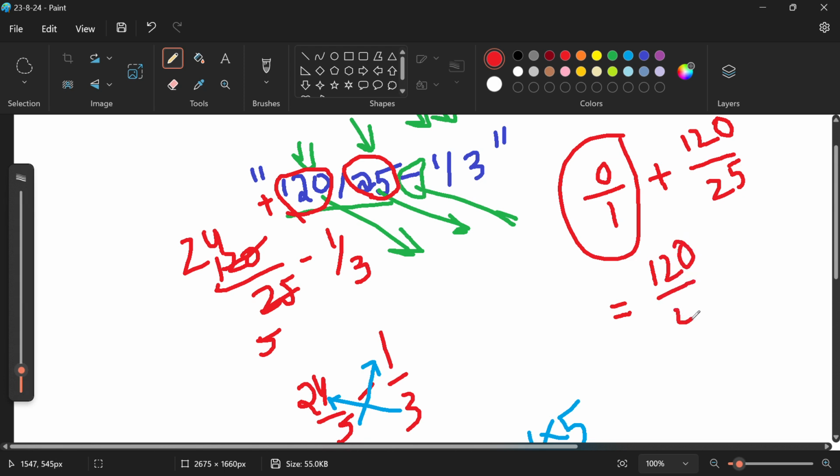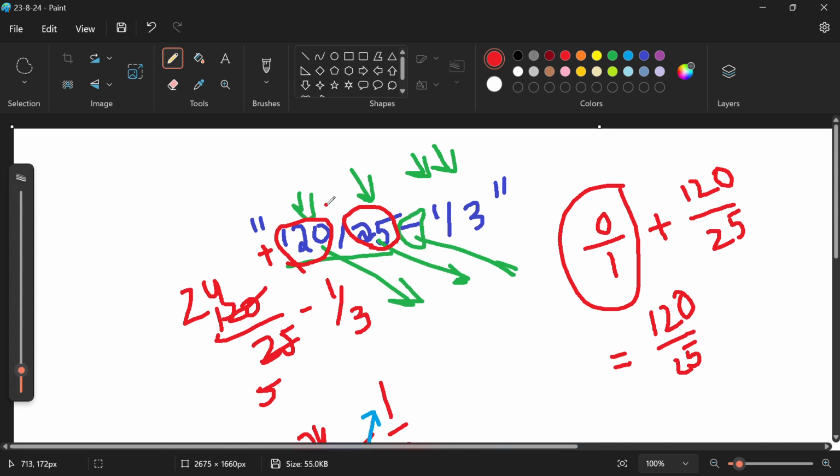Then, having completed these two, we find the next numerator, which is 1, and the next denominator, which is 3, and we carry forward the operation, which is minus.